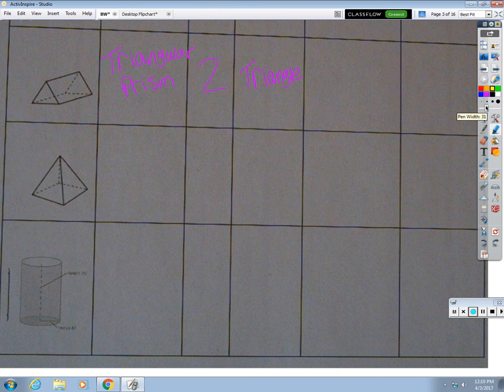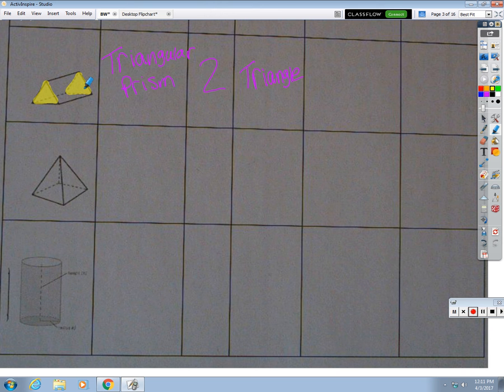And we need to highlight how do we know that those are the bases? Because they're parallel to each other. Are they congruent? Same size, same shape? Those are the flaps. Right, there would be the flaps if we had our net. Very good. How else do we know that those are the bases? Because it says triangular prism, and it said in Brain Pop that we name our prisms based off the shape of their bases. Triangular prism.